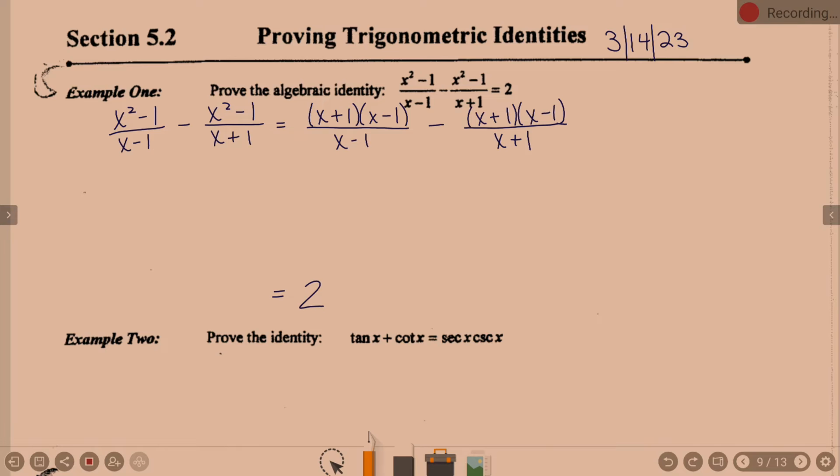What do you notice in each fraction? They each have a factor that can cancel. The x minus 1 can cancel with the x minus 1 in the first fraction. In the second fraction, x plus 1 can cancel with x plus 1.